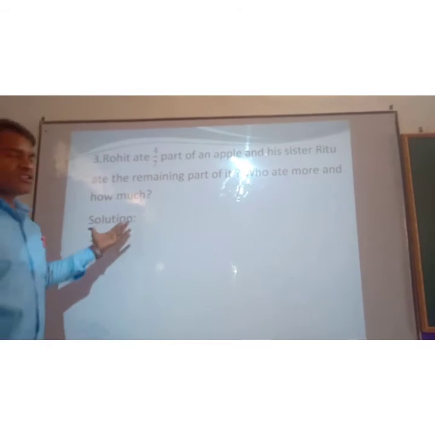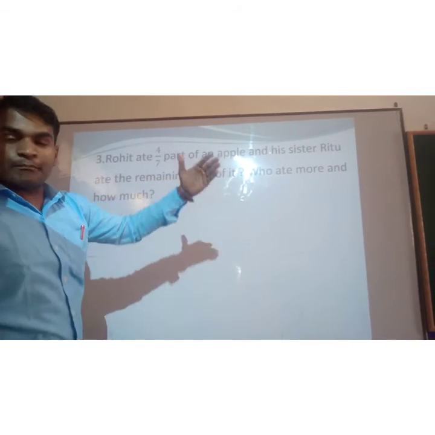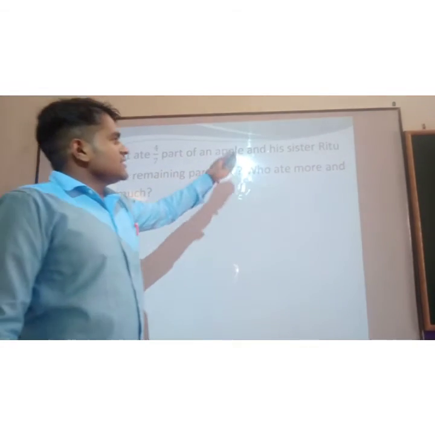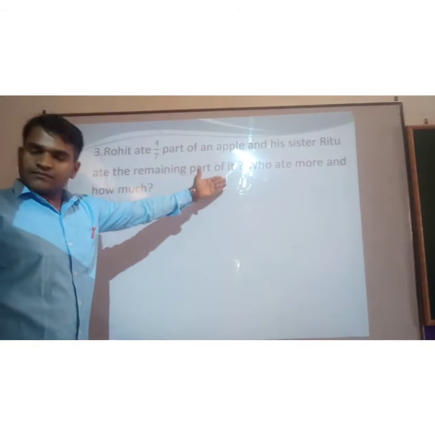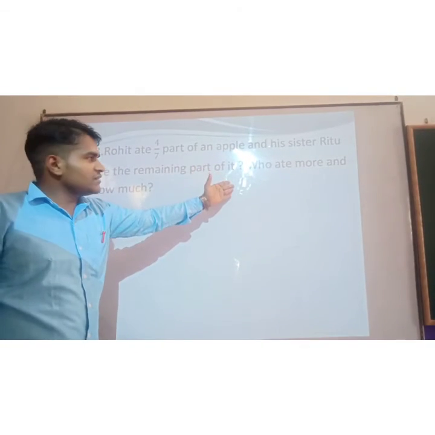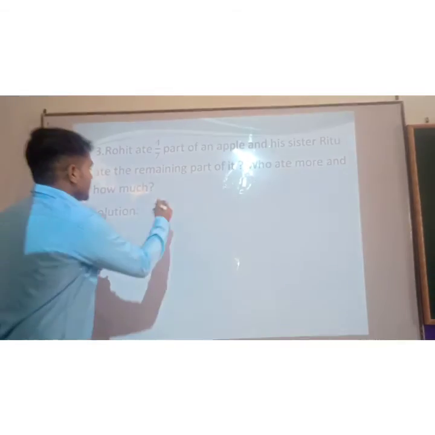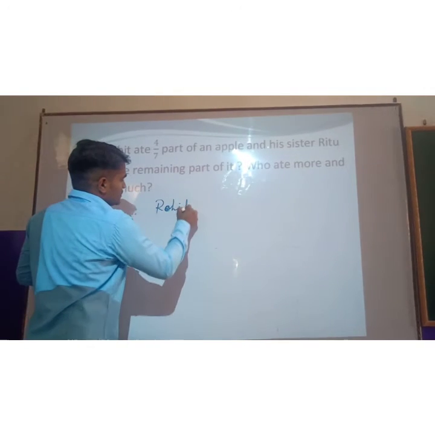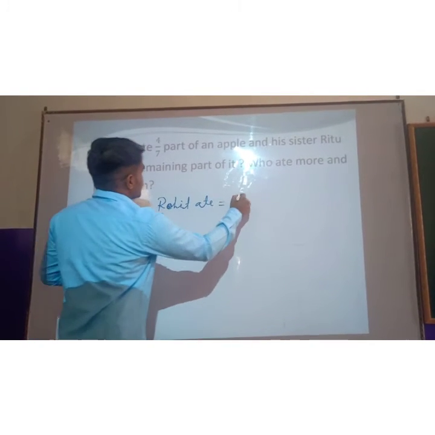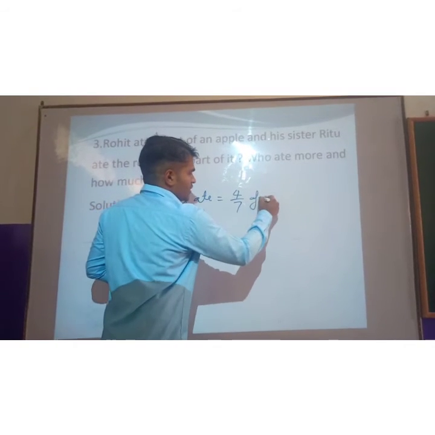Students, next question is given there. Rohit ate 4 upon 7 part of an apple, and his sister Ritu ate the remaining part of it. So who ate more and by how much? So Rohit ate 4 upon 7 part of an apple.